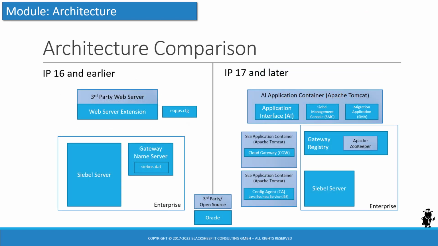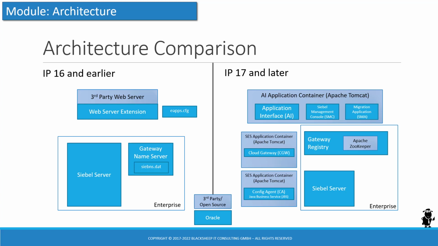Other things that you will explore in the architecture chapters is understanding of the comparison and differences between the old and the new world of the Siebel CRM architecture, as you can see by this example diagram from the architecture presentation.